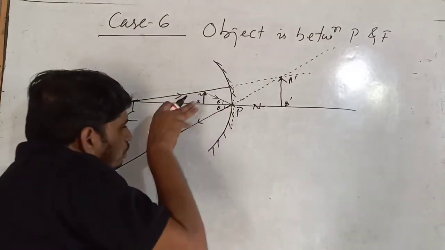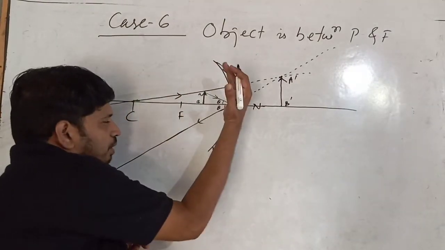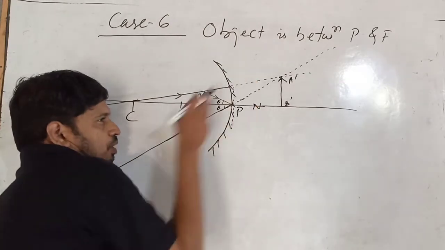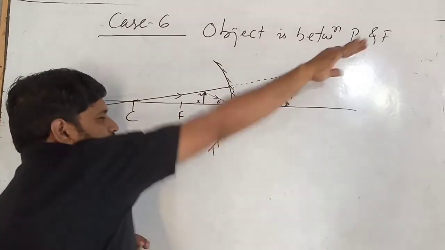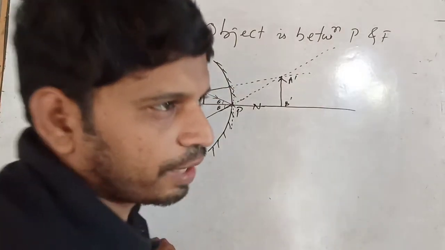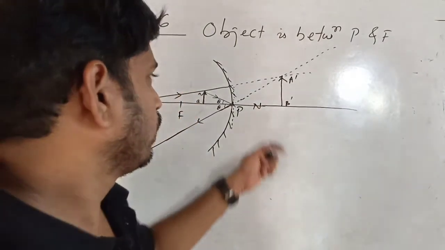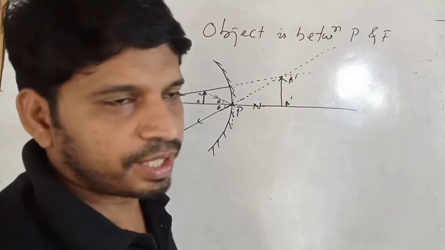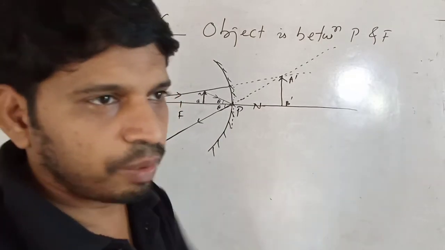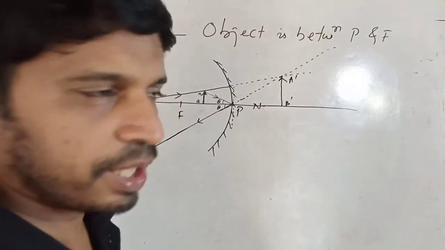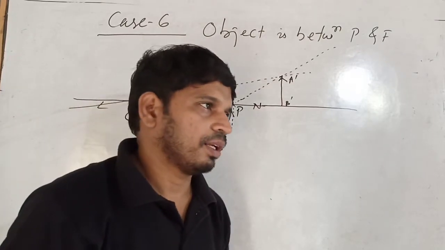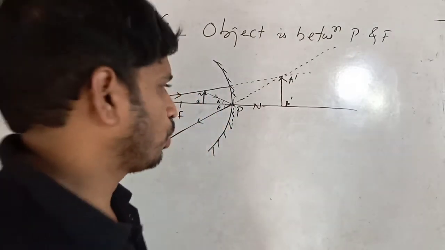We can see through this. If this is the mirror and we are watching from here, we can see the image inside it. Those kinds of images are called virtual images, and this cannot be taken on a screen, as we see our own image in front of a plain mirror. It is the same type of virtual image.